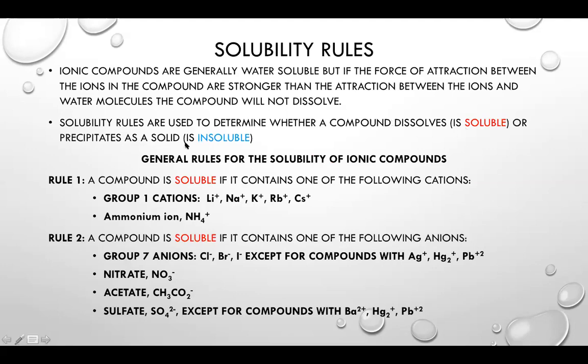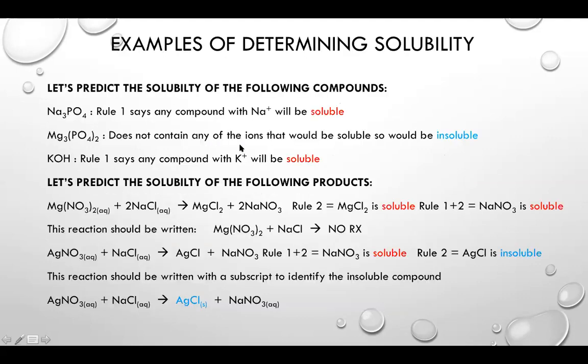It precipitates as a solid. So we can put (s) here, plus the sodium nitrate aqueous. And because we get this solid product, we're going to have a reaction. So if you don't have two soluble products, there's no reaction, but here we do form this nice solid product. So this is what our reaction looks like.